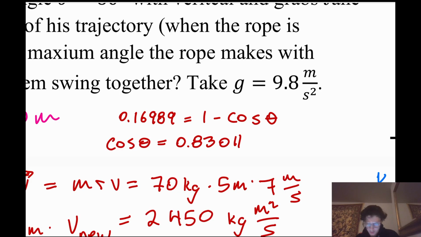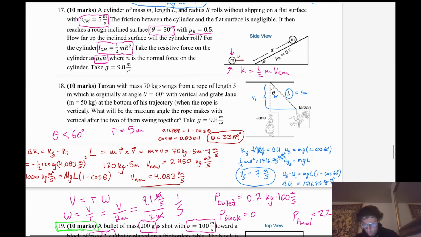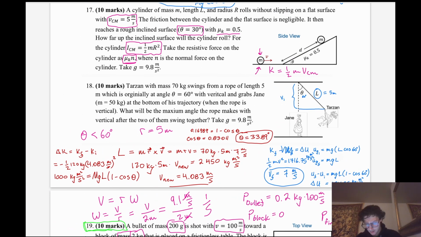And now we have to do a cosine inverse. So how do we do inverse cosine of 0.83011? And we get theta is equal to 33.89 degrees. Oh boy. Okay, well, it's definitely less than 60.